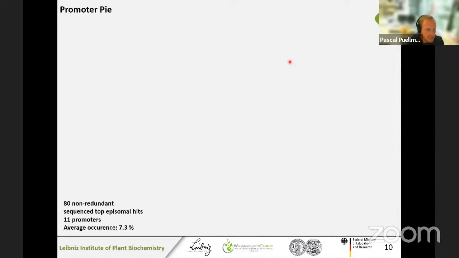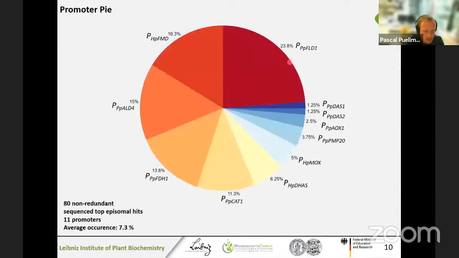Looking at the promoter distribution, we took the 80 top hits, and we could see a clear preference for some promoters, the FLD1 and FMD promoters. There was a clear tendency that promoters with de-repression, which means they are already getting active when the first carbon source, in our case glycerol, becomes depleted, these smooth transition promoters, as I would call them, are very powerful in our setup.